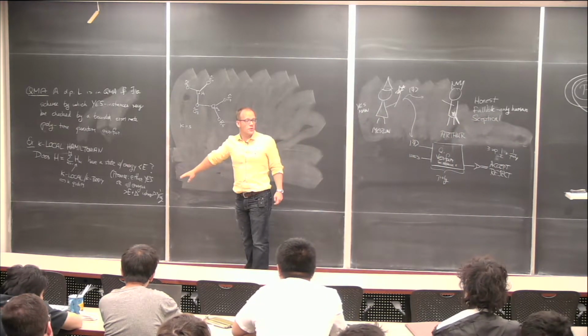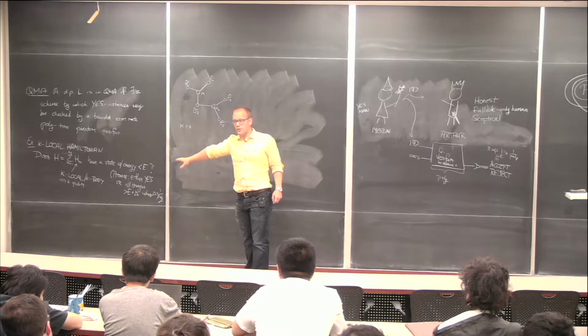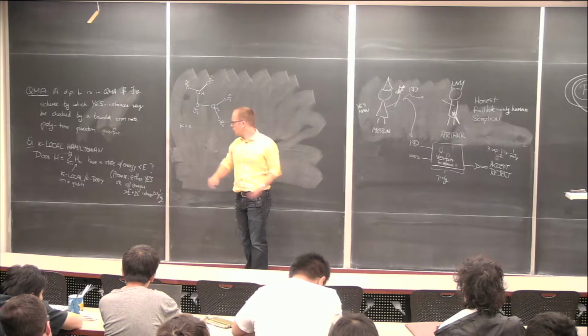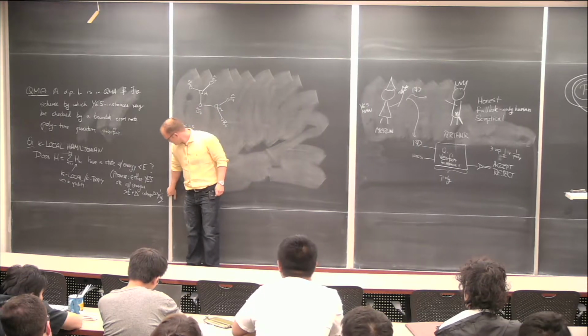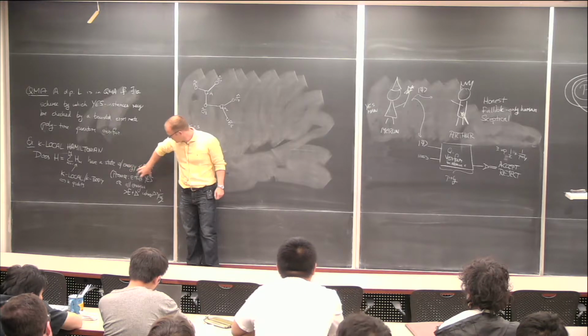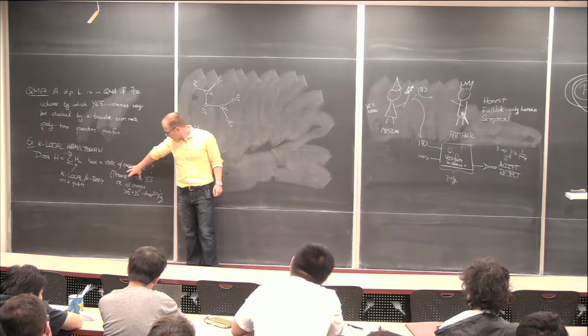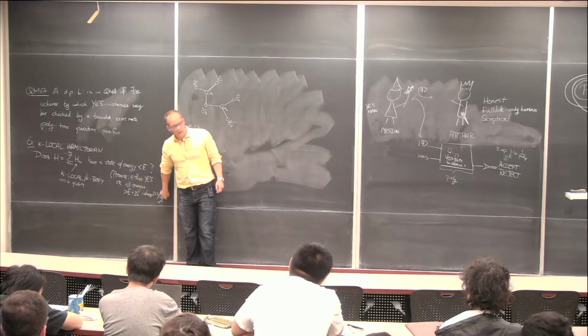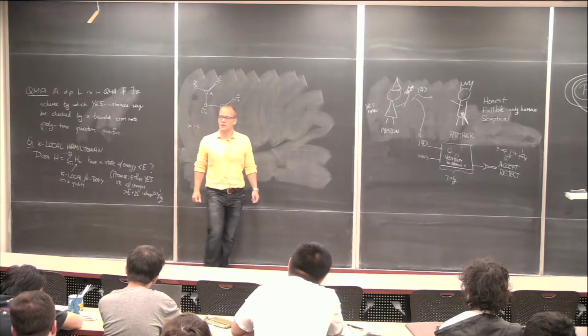And so if your algorithm doesn't work when the promise isn't satisfied, that's okay. Okay? So why might I need this promise? That either the Hamiltonian will be a yes instance, or the ground state energy will be at least E plus delta for some delta, which is more than 1 over poly.